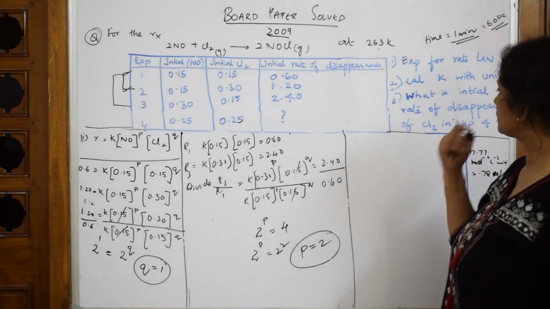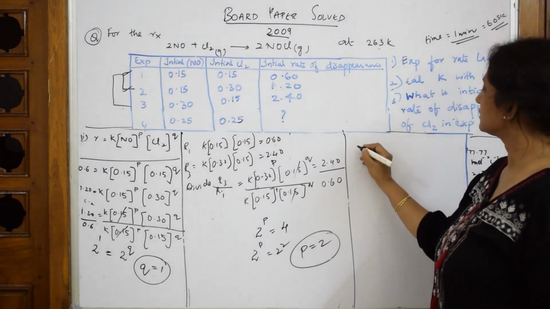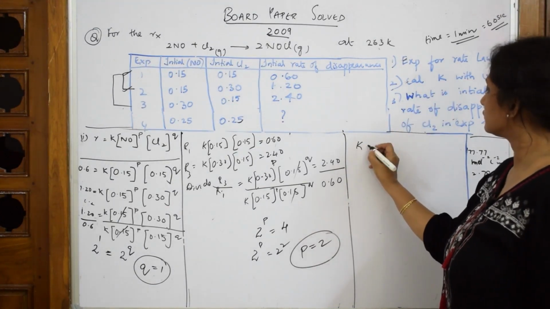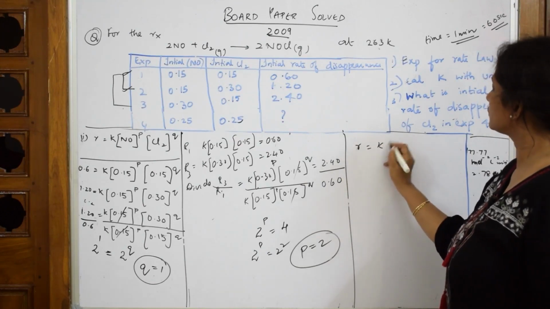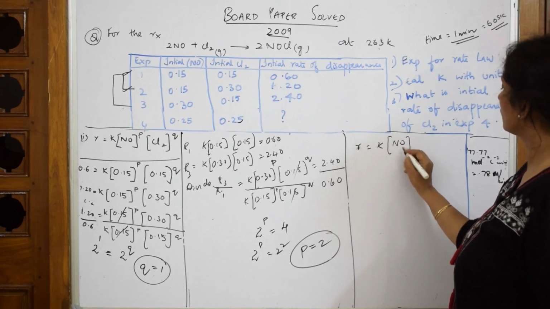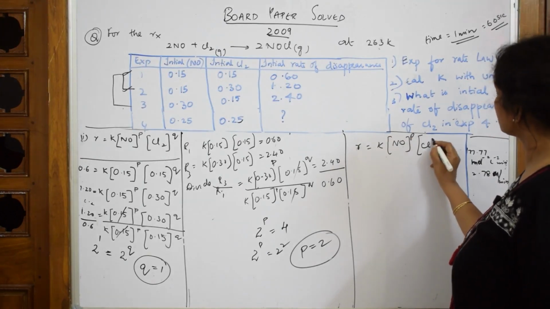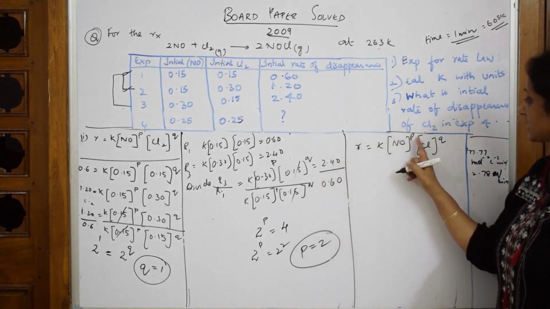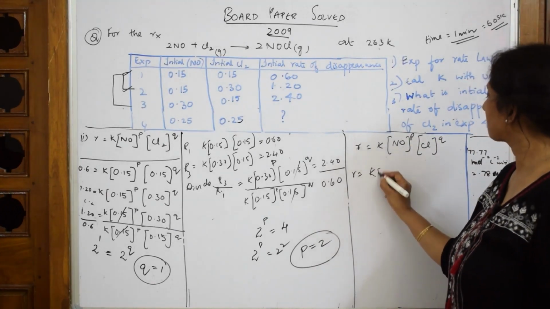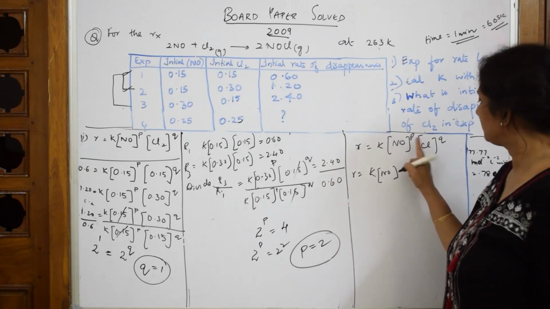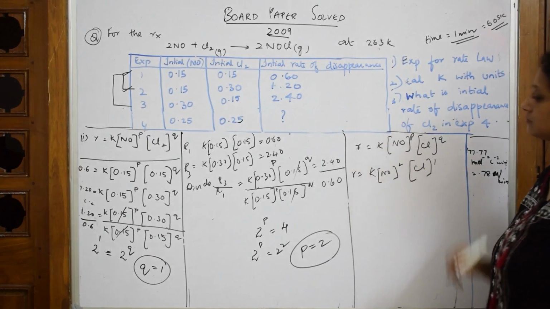Done. Now I'm coming close, because I have to calculate the rate constant. Start with the third step. Rate is equal to K into NO to the power P and Cl2 to the power Q. Now write the P value and Q value: K, NO to the power 2, Cl2 to the power 1.